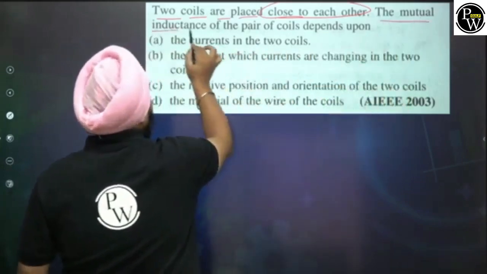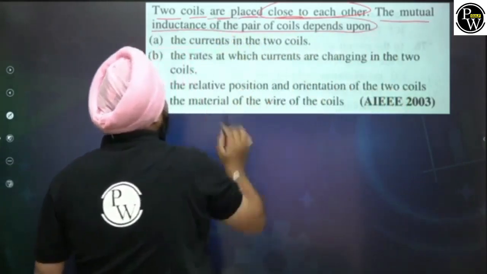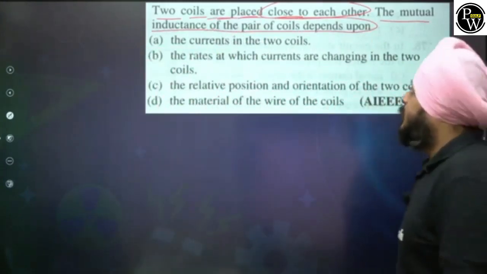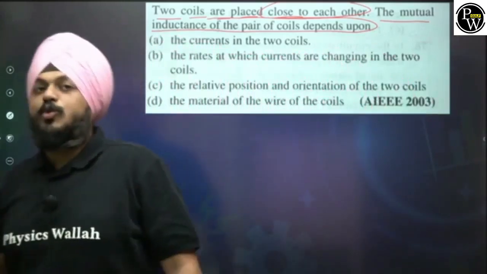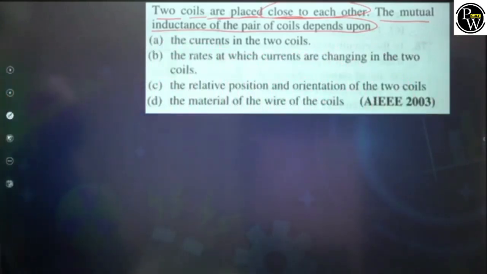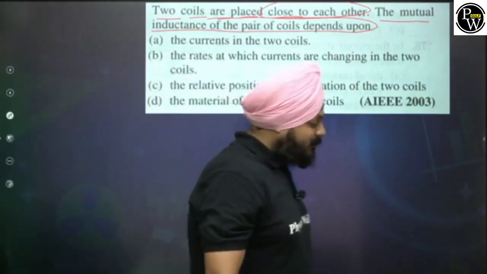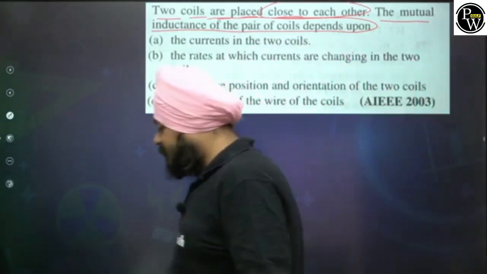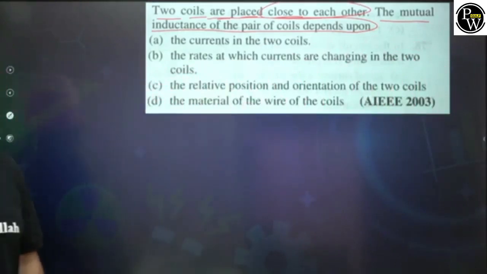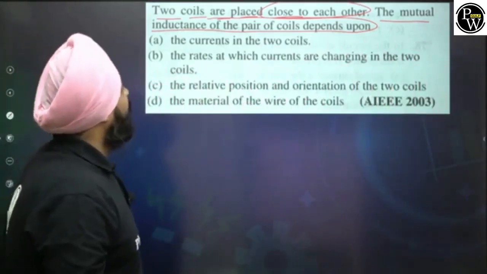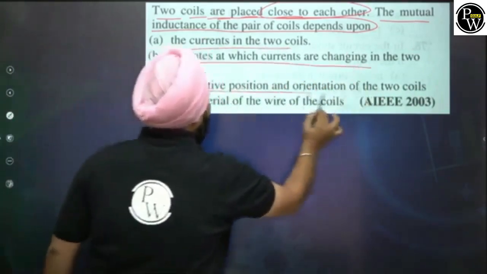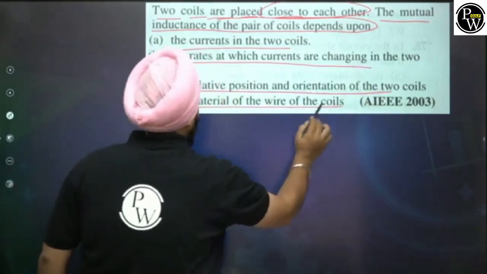The mutual inductance of the pair of coils depends on: the current in the two coils, the rates at which currents are changing, the relative position and the orientation of the two coils, the material of the coils.